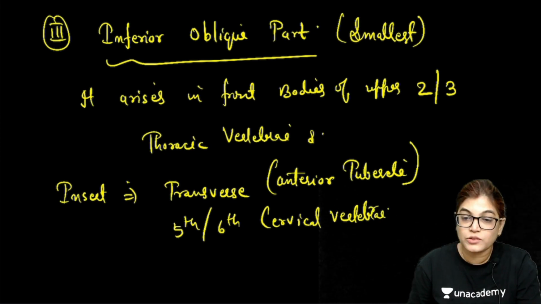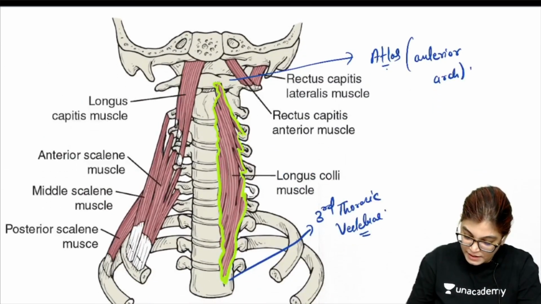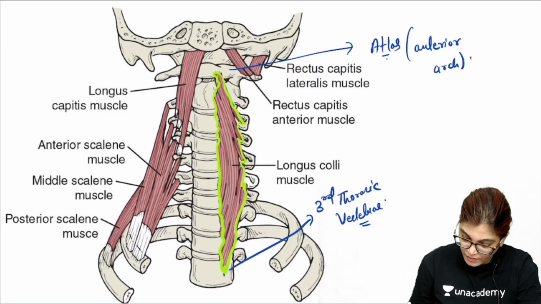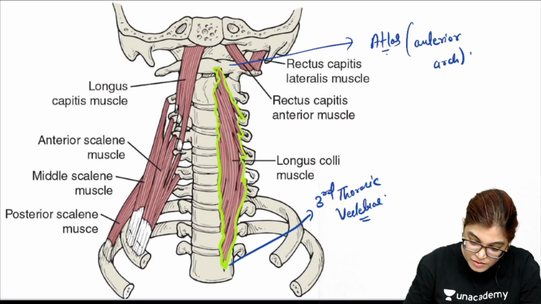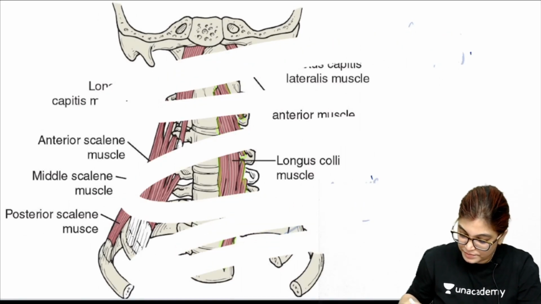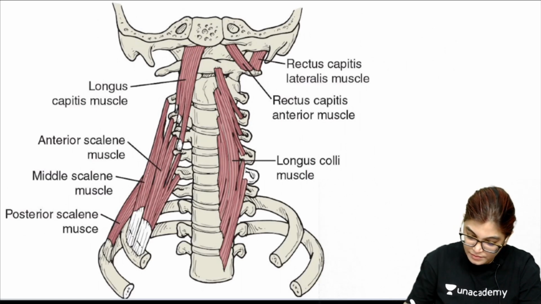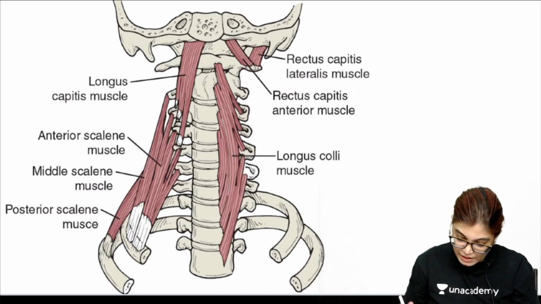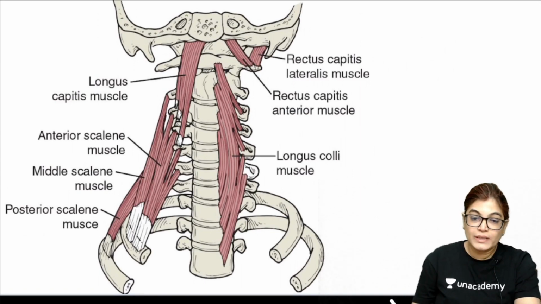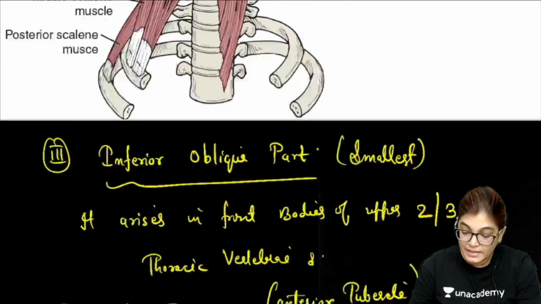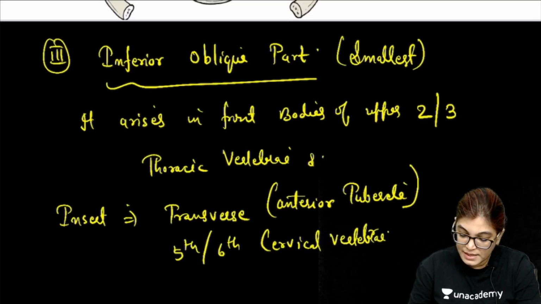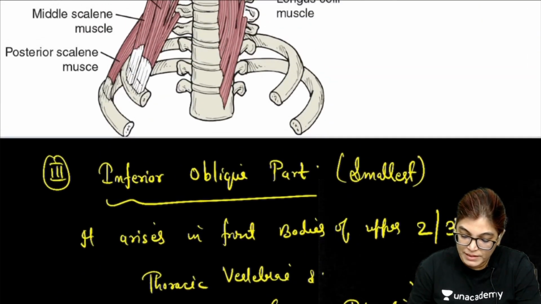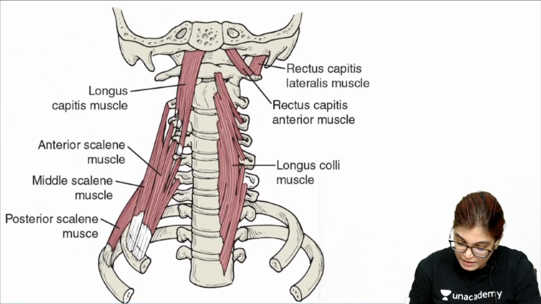So again I would like to show you the third part in the diagram. Let me rub this again. As I told you, it is arising from the thoracic vertebra, that is upper 2 or 3 thoracic vertebra, means these lower parts.